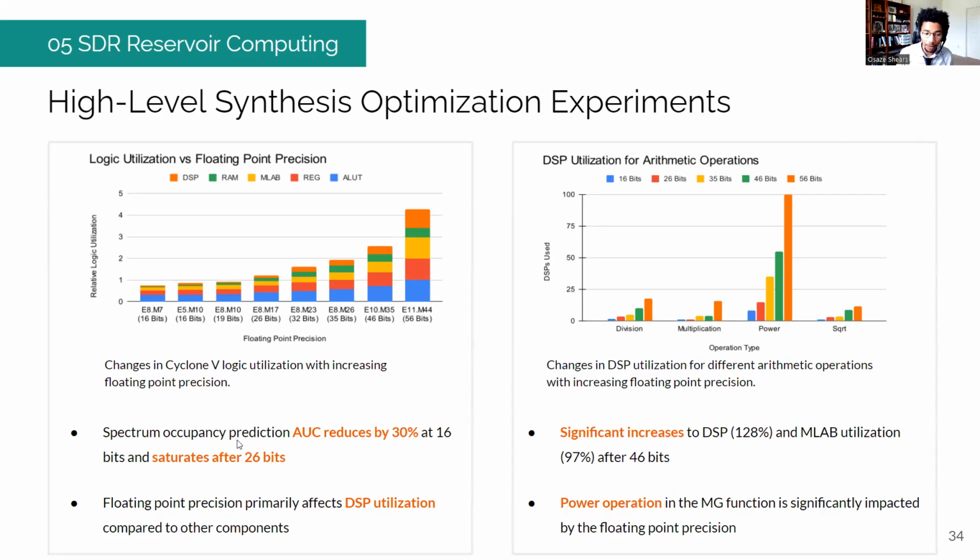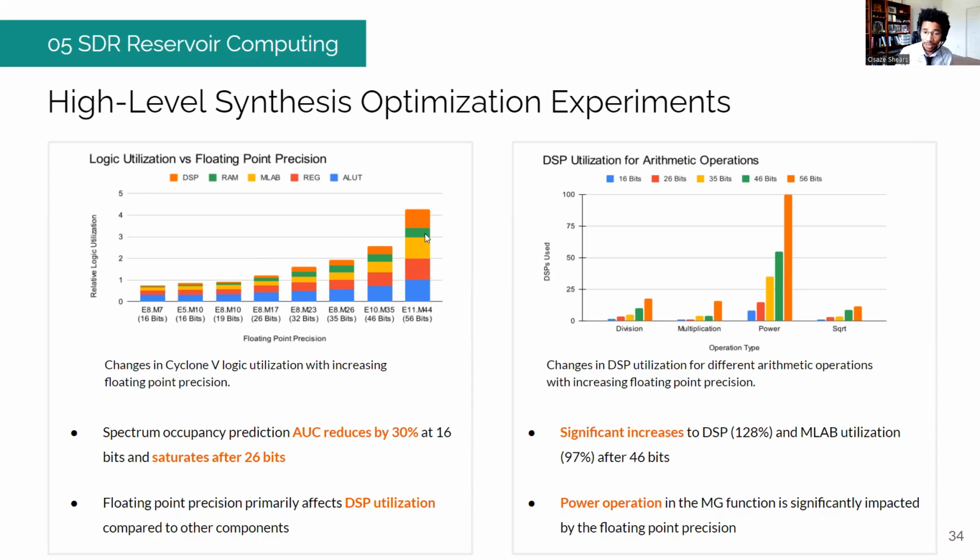So coming off of here, the spectrum occupancy prediction reduces by about 30% when we reduce it to 16 bits here, but it saturates around 26 bits once we go beyond this point. So 26 bits was pretty much the sweet spot that we found for the number of bits needed to perform this spectrum sensing with the best accuracy. So improving the floating point bits beyond this didn't really affect the precision of the model very much.